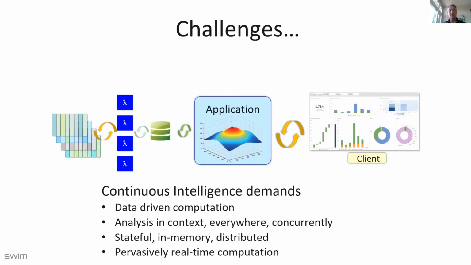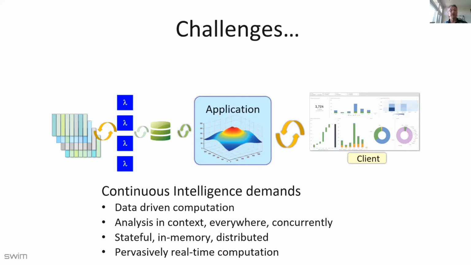So this centralized notion of learning, training, and then deploying models to the edge, I think it's fun, but I don't see enough data scientists at work to prepare all the models we're going to need. So continuous intelligence demands this notion of data-driven computation. So forget the database.